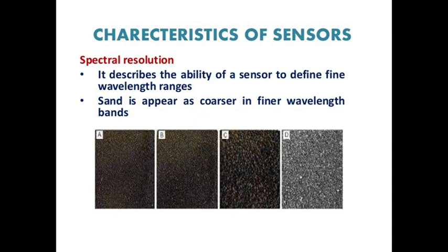If a sensor has a high spectral resolution, then we can say that it has the capability of differentiating the finest variation in the wavelength of the radiations emitted or reflected by objects located on the ground.